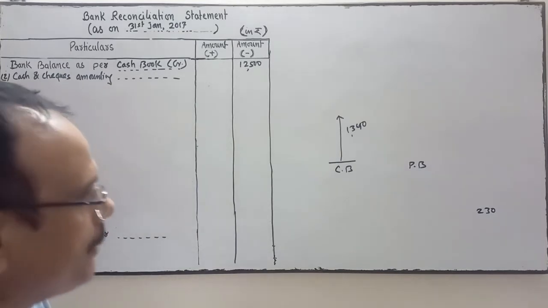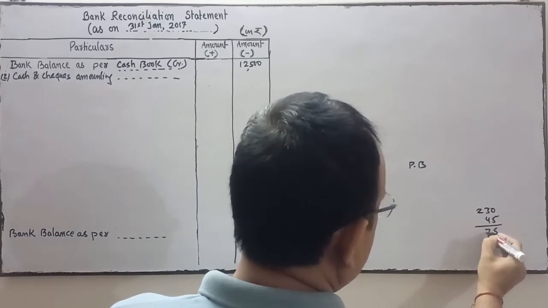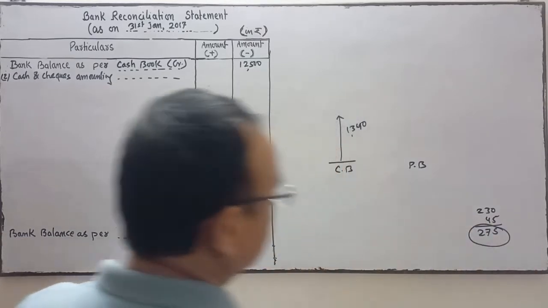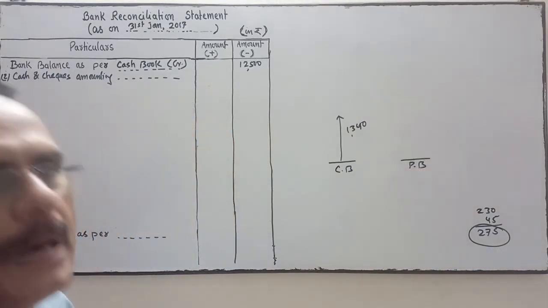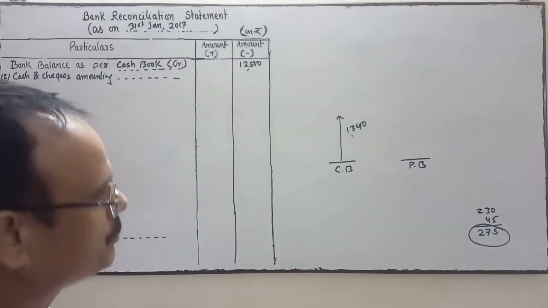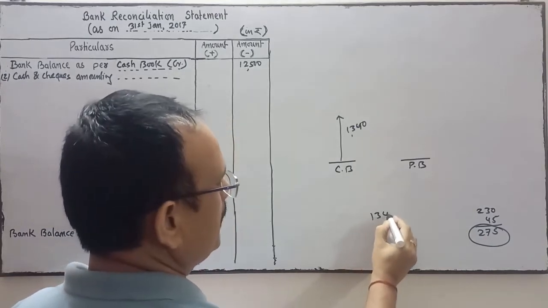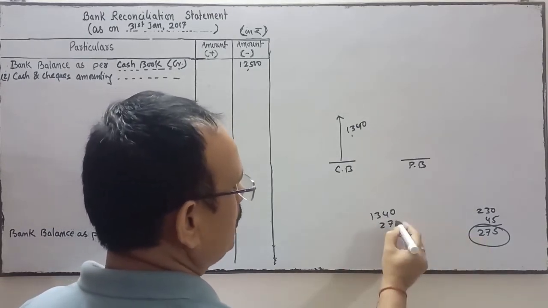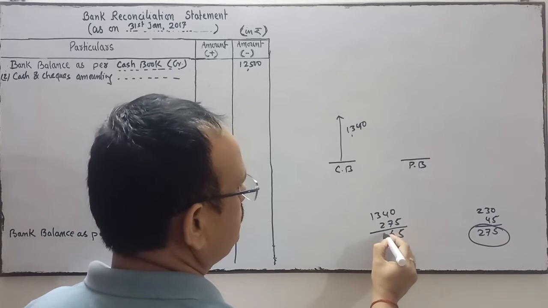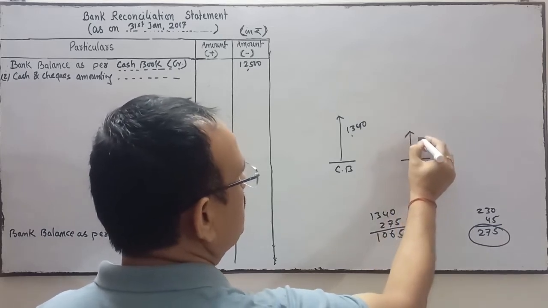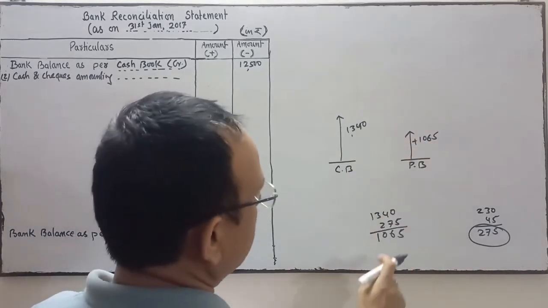And one check of 45 is dishonored. It means 275 rupees of checks are not credited in the passbook. So how much amount is credited in the passbook? If this much amount is not credited, only the difference is credited. It means 1,065 is credited.